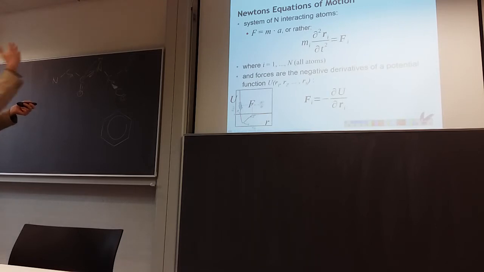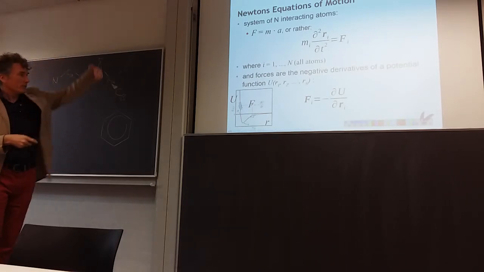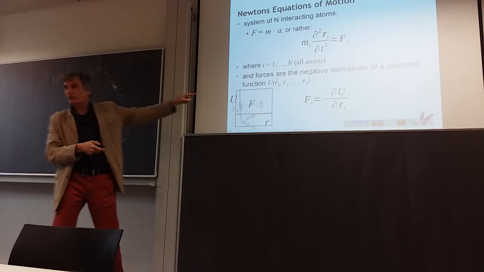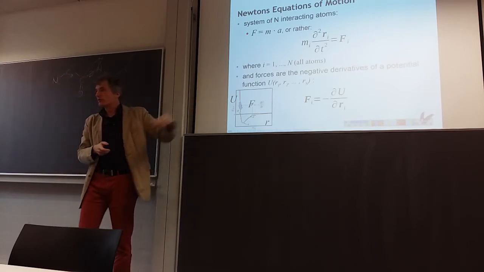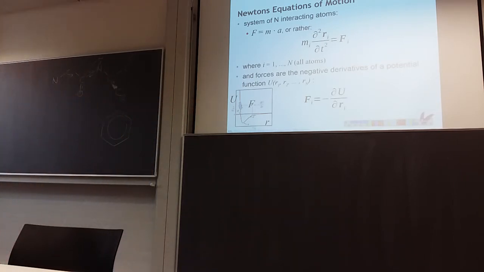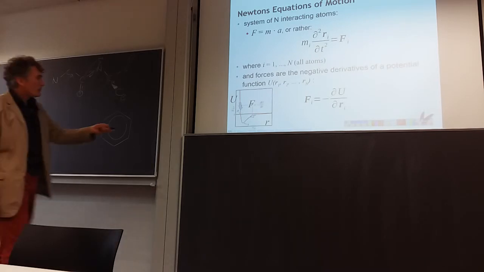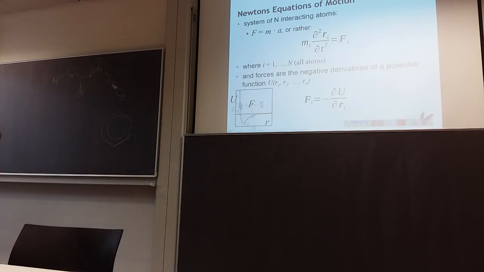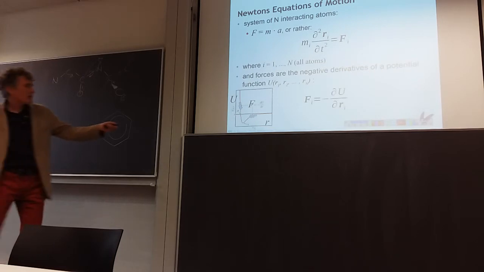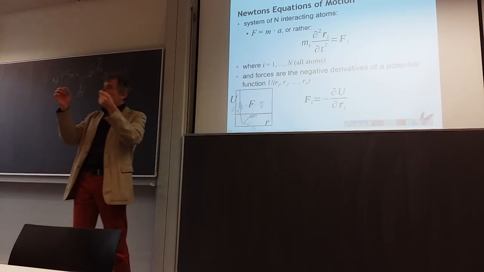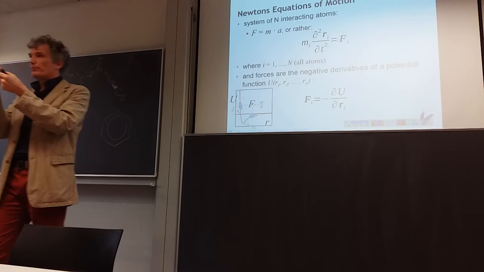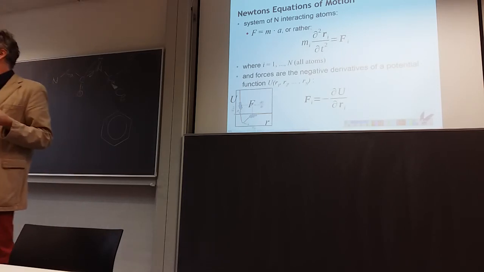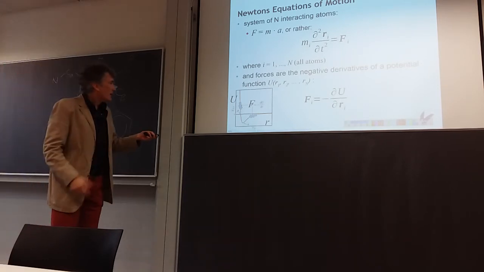Sorry, the slope of the line. So here it's going down. That means the force is pushing out, and that's the wall pushing back when I go to close distances. If I'm at slightly larger distances, then the force is actually pulling in. So that's your sticky van der Waals attraction or whatever.